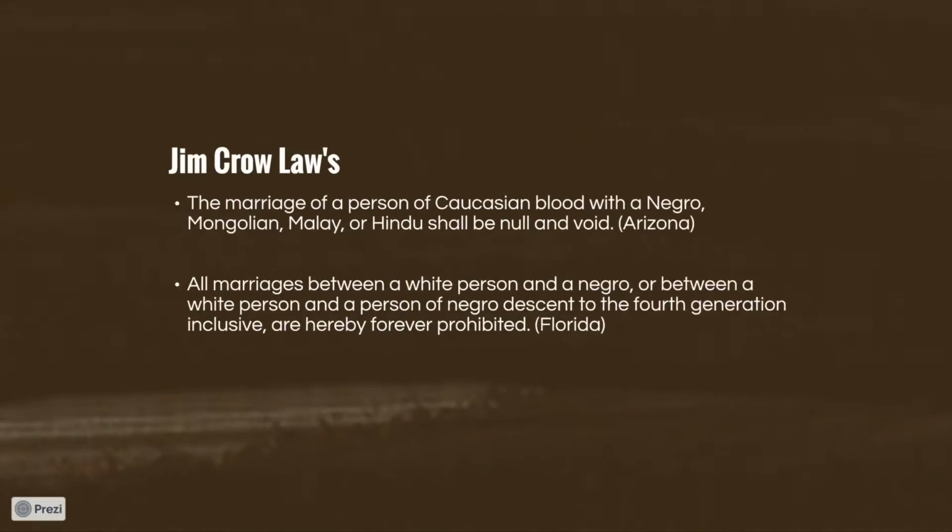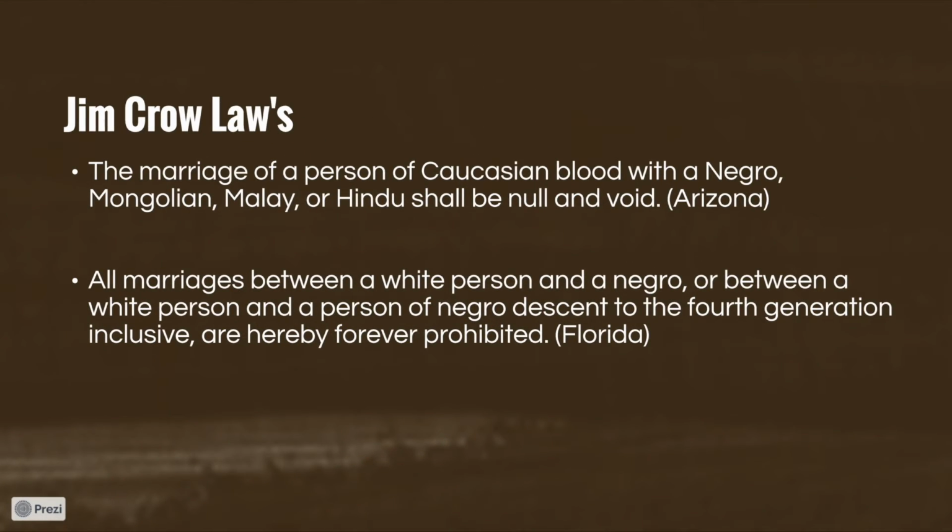And then I have two examples of Jim Crow laws, one in Arizona and one in Florida. We have a Jim Crow law that says the marriage of a person of Caucasian blood with a Negro and so on shall be null and void. And then in Florida, all marriages between a white person and a Negro or between a white person and a person of Negro descent to the 4th generation inclusive are hereby forever prohibited.